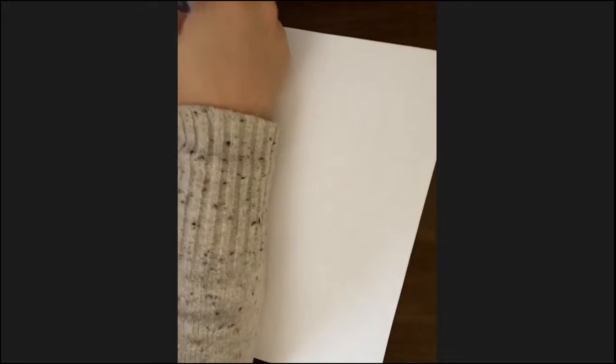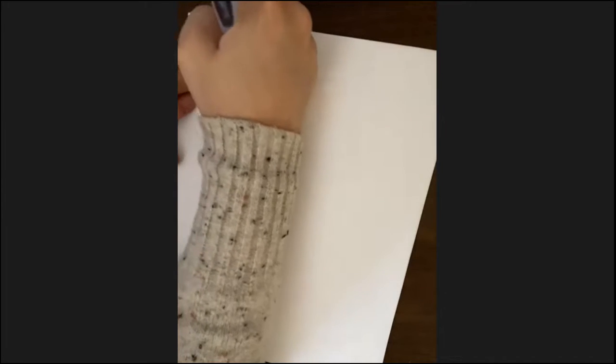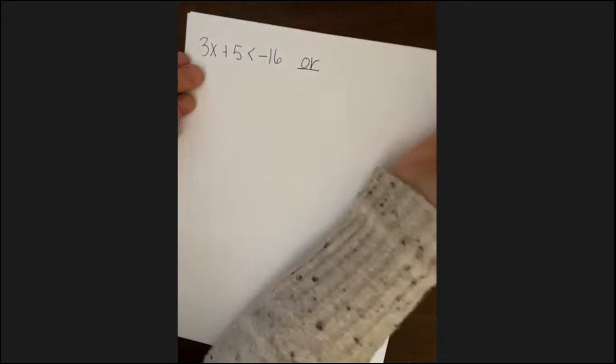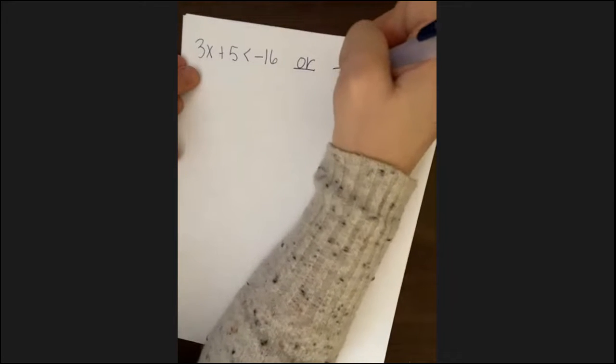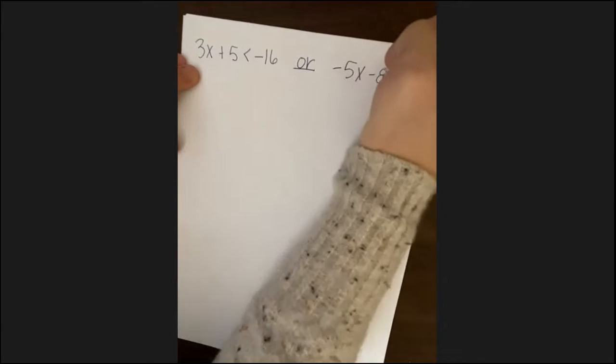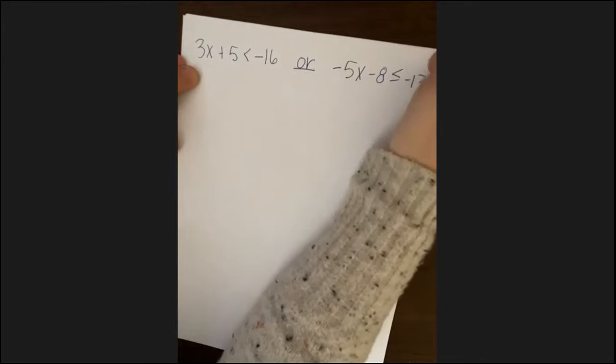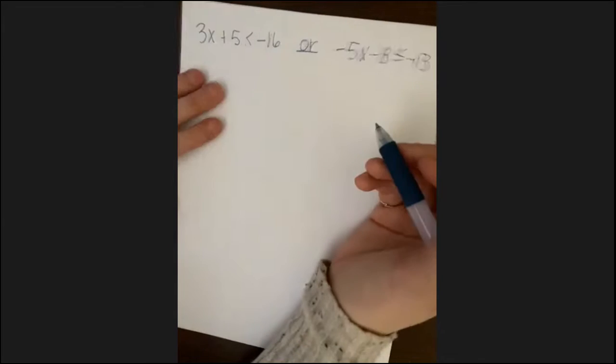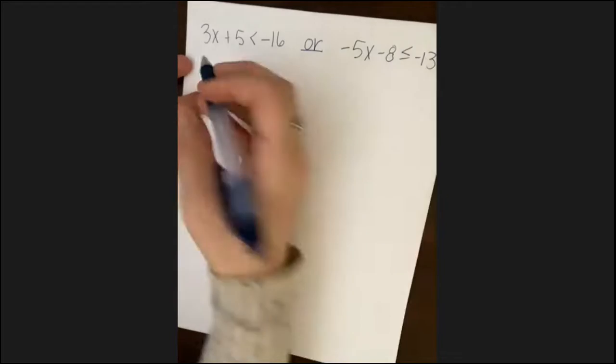I do want to mention real quick, though, you will have some that will be like this, and it will have the word or. And guys, you solve it the exact same way. So you solve it the same way.